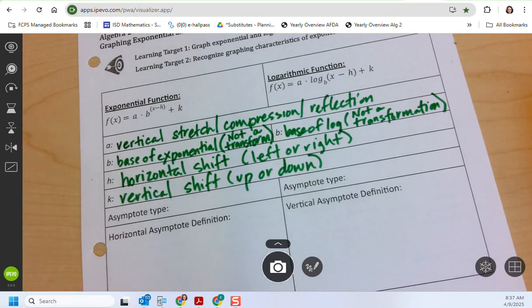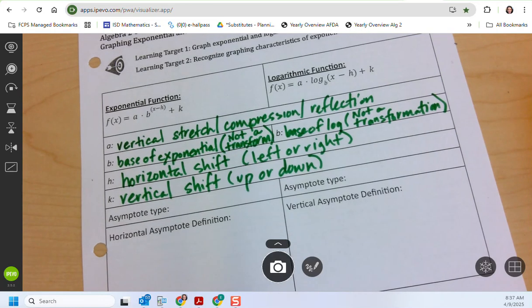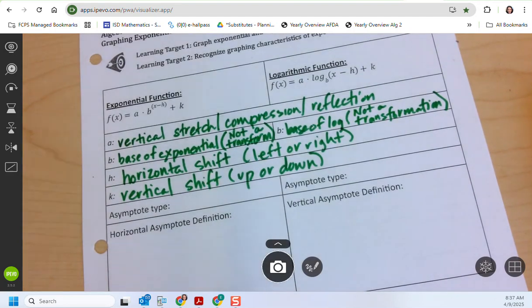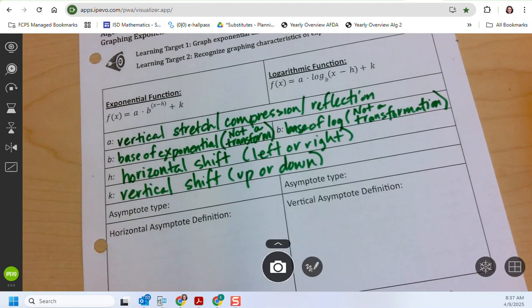All right, both of these functions have asymptotes. And so I want you to look at the examples on the bottom. At the bottom of the page, you'll see that the exponential function has a horizontal asymptote, and that's that dashed line. Have we studied asymptotes before in this class? Yeah? Okay.